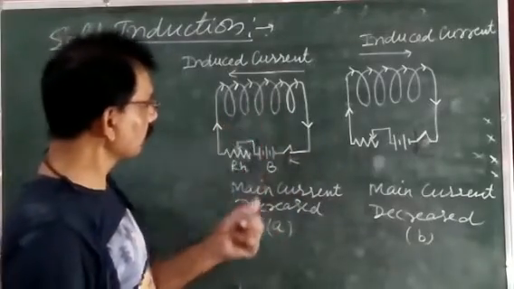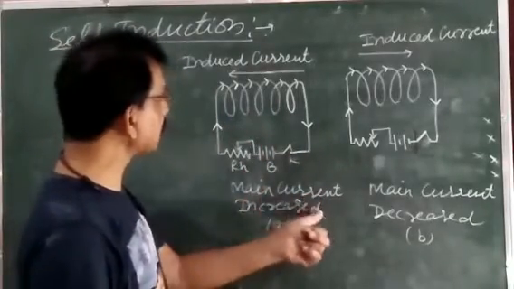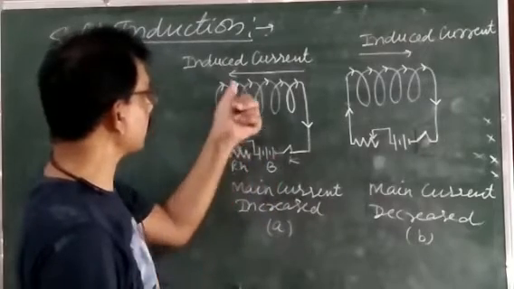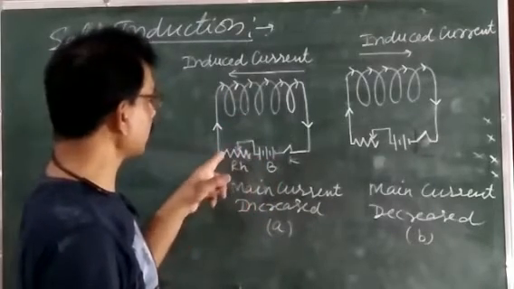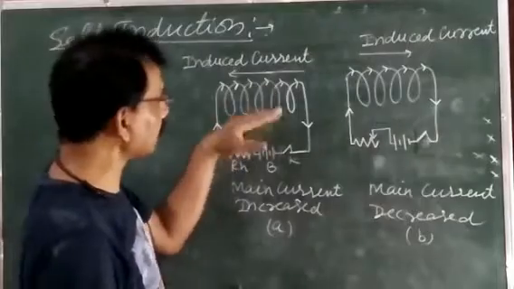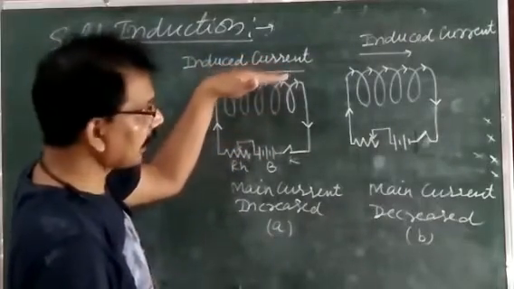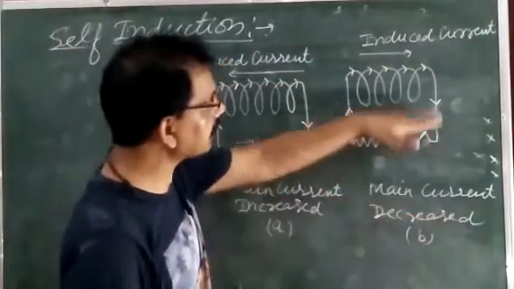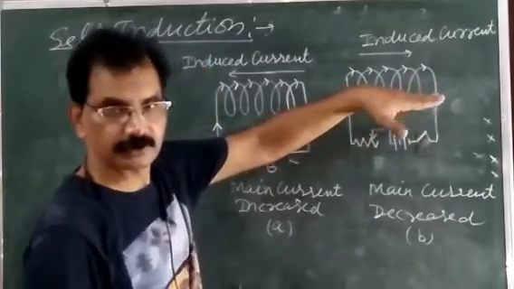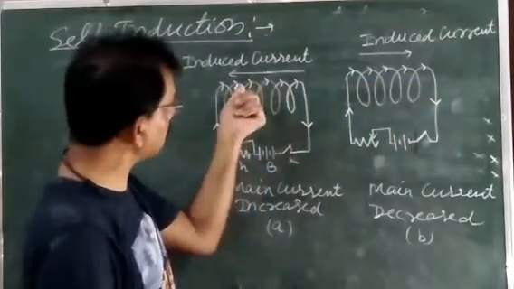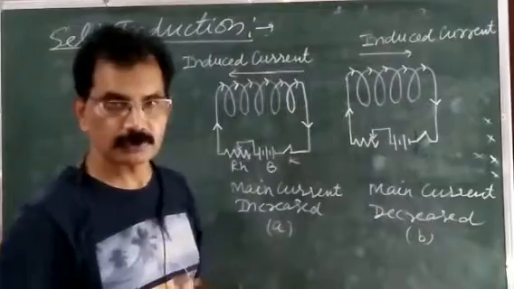First case: when the main current increases, it means with the help of this rheostat, the main current in this coil is increasing. And in the other case, when the main current is decreasing, what will be the induced current developed here?